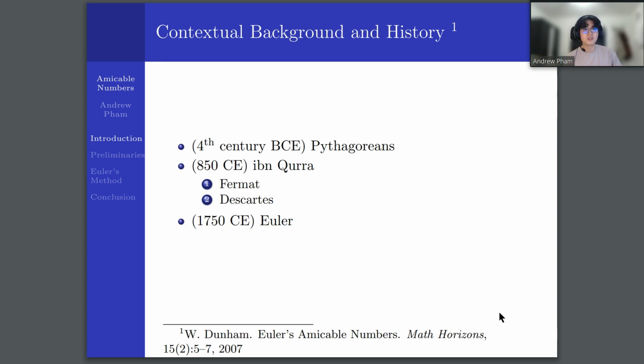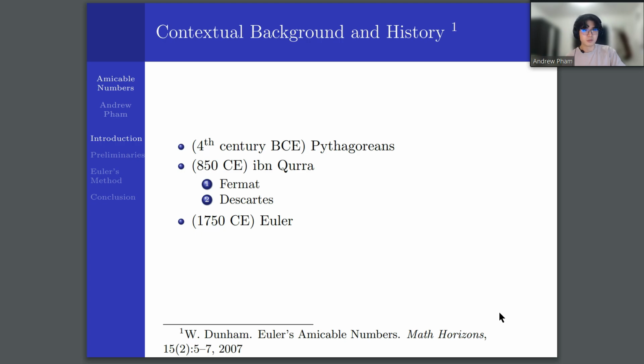In 750, Euler published his De Numeris Amicabilibus, which discussed his method for finding amicable pairs and how he was able to find 58 new pairs by himself, essentially increasing the pool of known pairs at the time by almost 2,000%. Very impressive by Euler. So let's see how he did it.